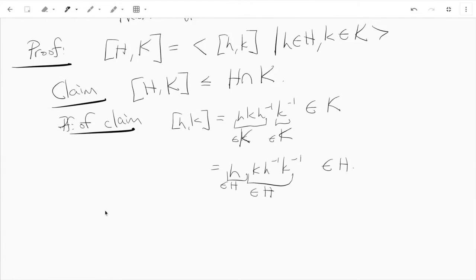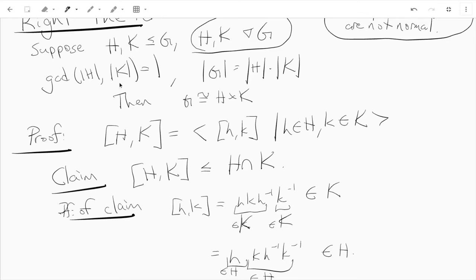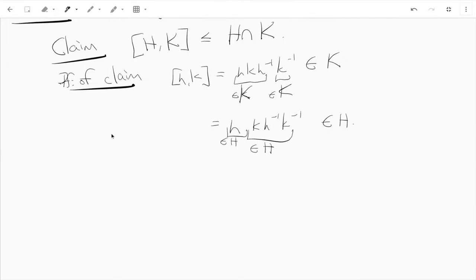Now the order of the intersection divides the order of H and also the order of K. What does that mean?